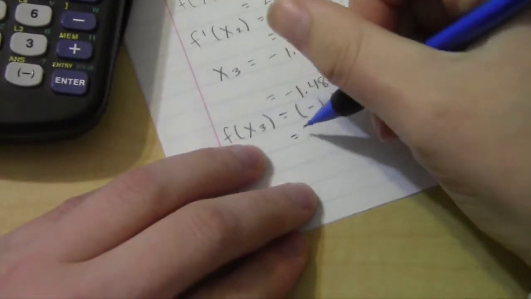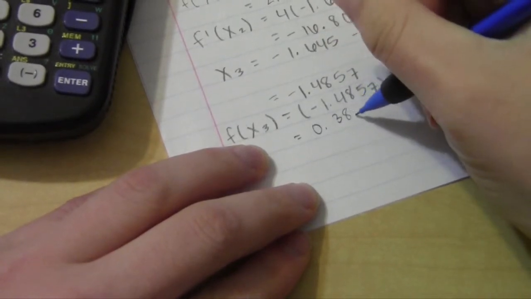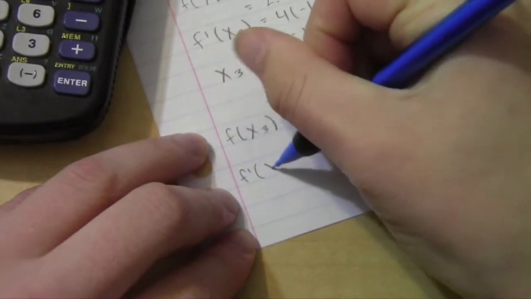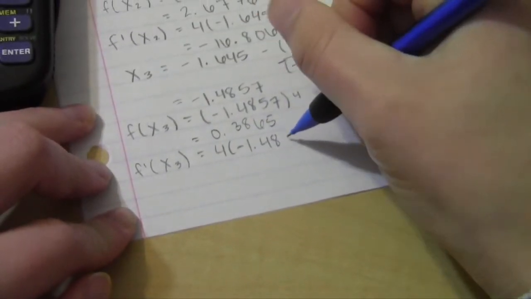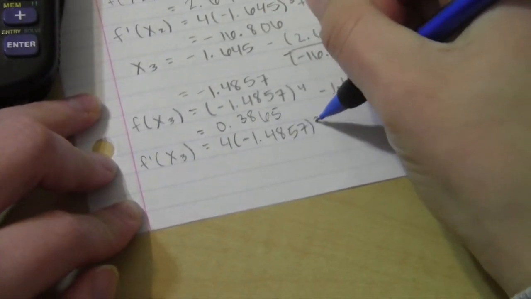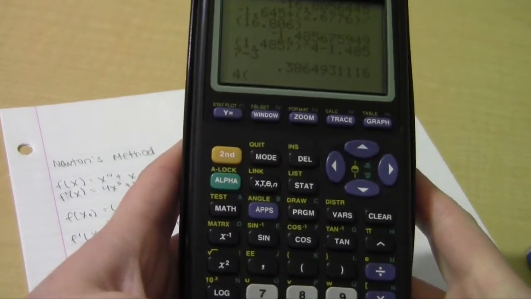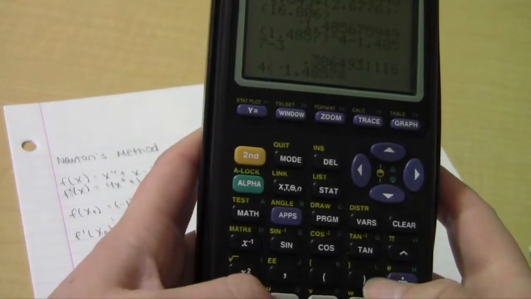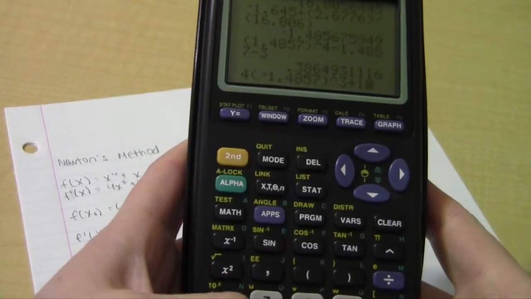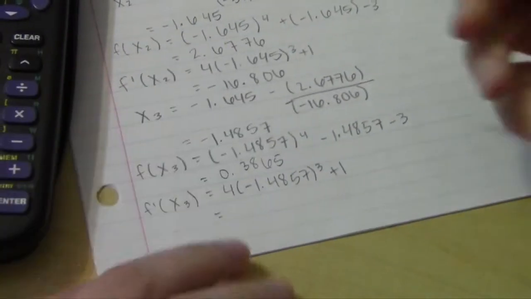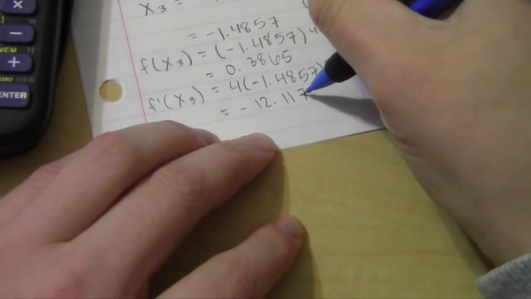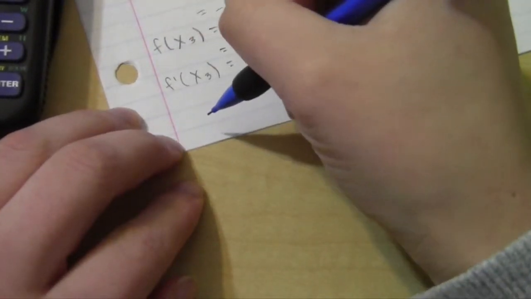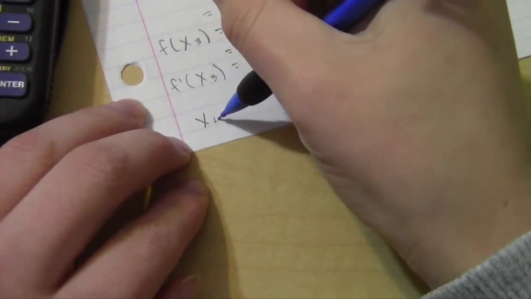Alright, that is about 0.3865. You're going to do the same thing for the derivative. That's about negative 12.1176. And then we are going to use Newton's method again to get our x sub 4.